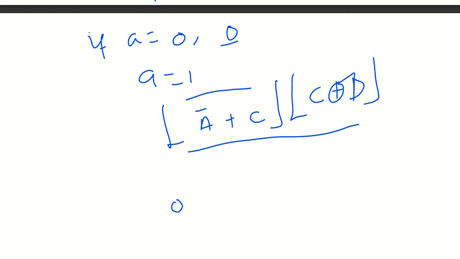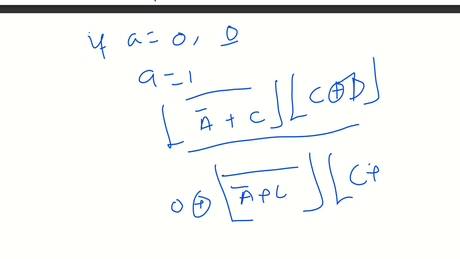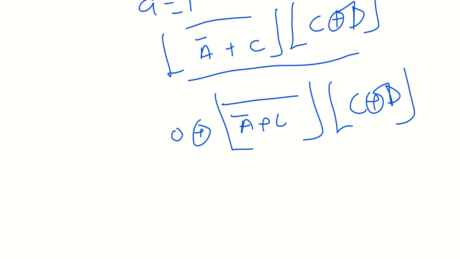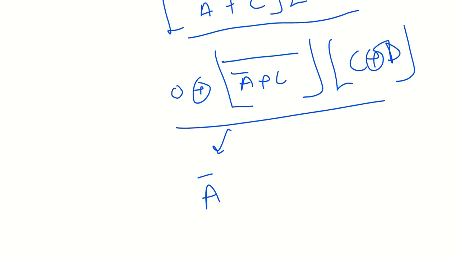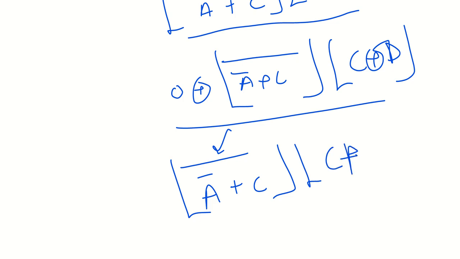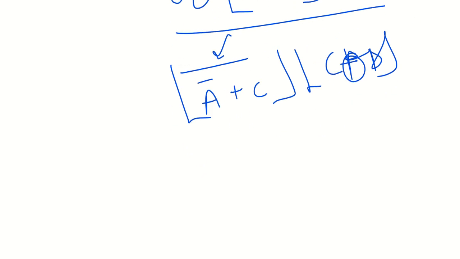So when you have 0 XOR this expression, C XOR D, what you realize is that the result will just be the same expression. So A XOR C multiplying C XOR D. You have to find values for which this function will be equal to 1.